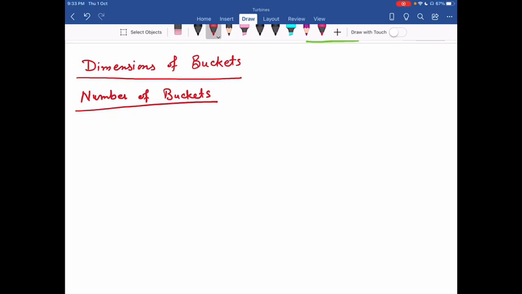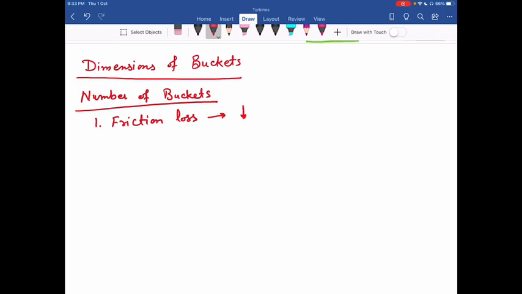The next is the number of the buckets. For the number of buckets, we have some deciding factors. One factor is the frictional loss. Now this loss, as we all know, must be on the minimum side.